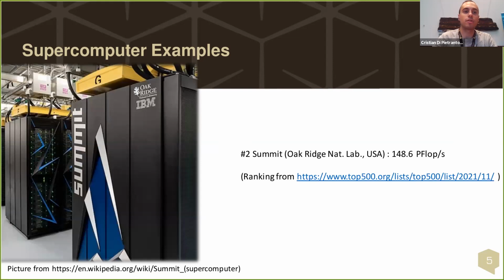Another example of a supercomputer is Summit. We are going through some examples just to give you the idea. Summit is a bit less powerful than the first one, but still it's the second supercomputer in the world for compute capacity. It's in the USA.